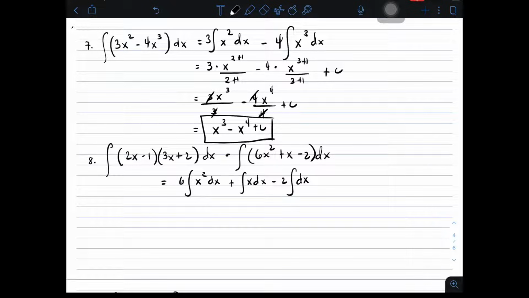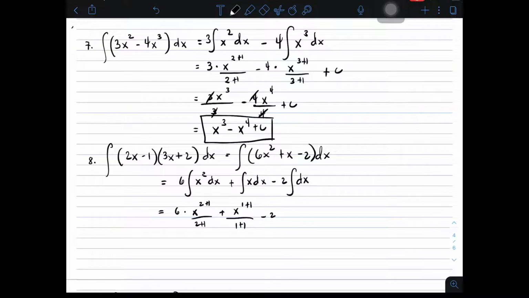Medyo dahan-dahanin natin to kasi baka nalilito na kayo sa process natin. So you have here 6 times x squared. Integrate natin yung first term. Plus 1 over 2 plus 1. And then for the second term, x to 1 plus 1, meron tayong invisible 1 over 1 plus 1.